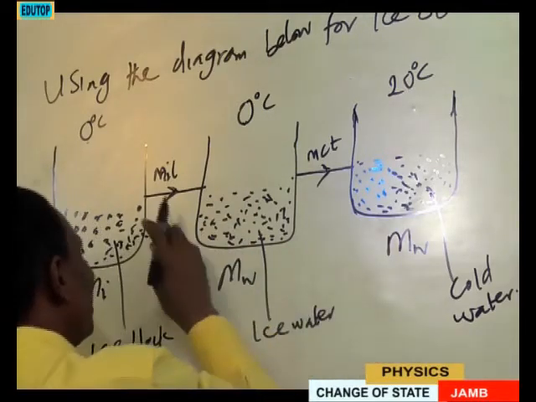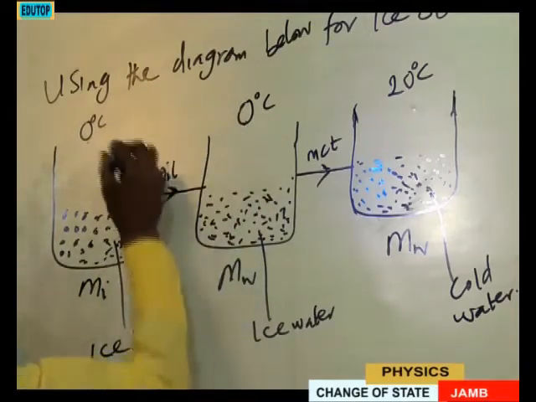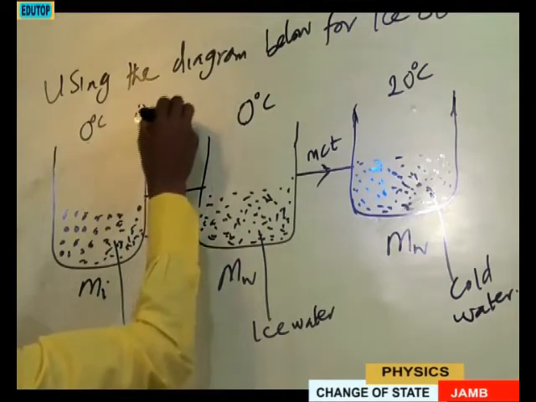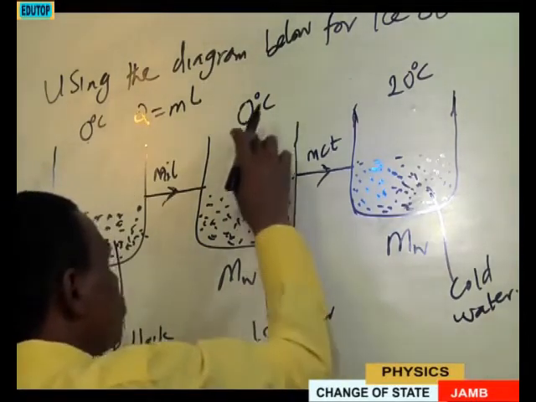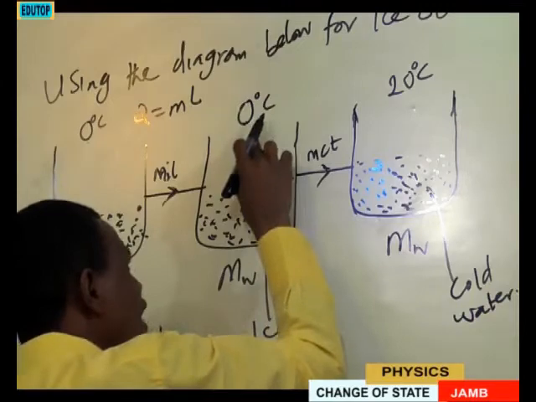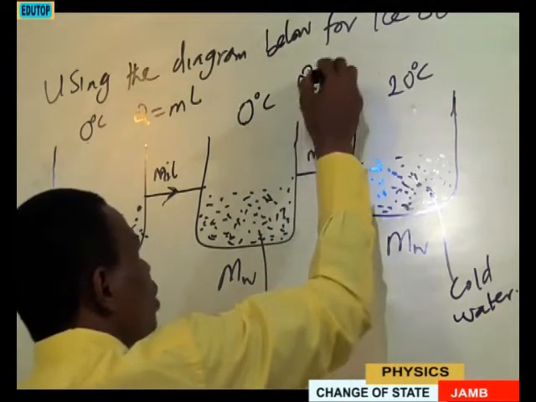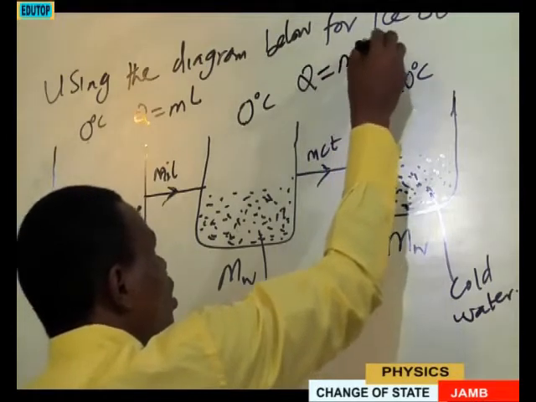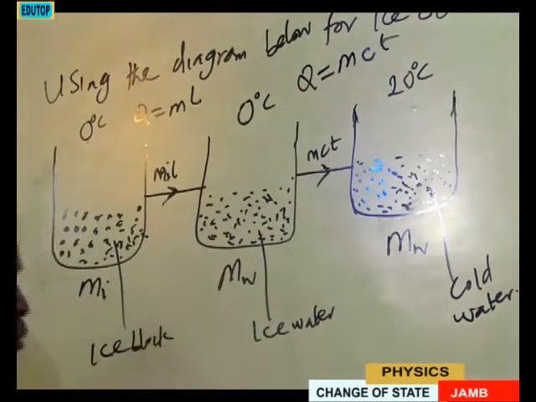When the temperature still remains the same, the quantity of heat is mL. By the time the temperature has increased from 0 degrees Celsius to another level of temperature, the quantity of heat will be mCΔT, and that is the difference.